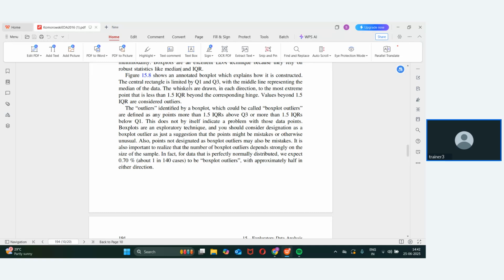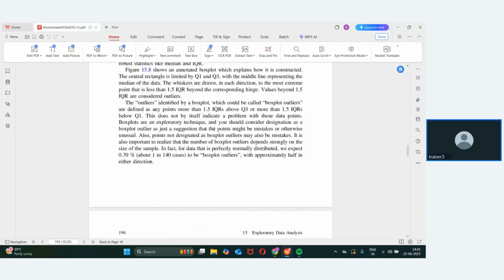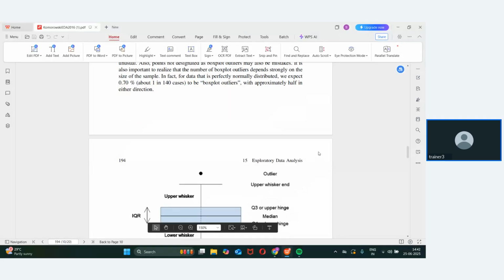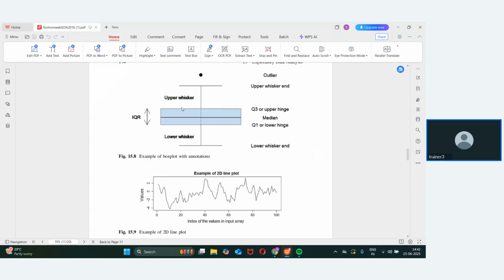The central rectangle is limited by Q1 and Q3 here, quartile 1 and quartile 3. So box plots are exploratory techniques. There's nothing much important in this, that's why I'm not looking deep into them. Don't worry. A box plot looks something like this. The range here is Q1 to Q3, with the median.